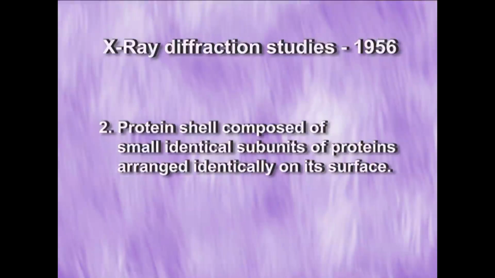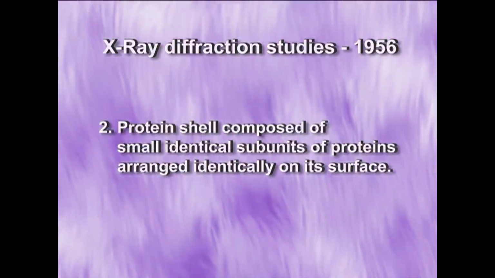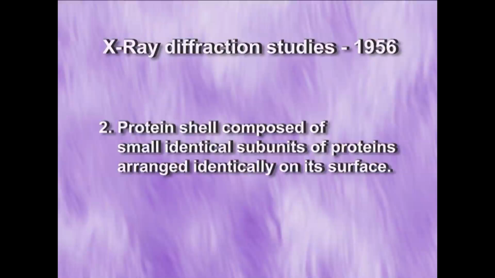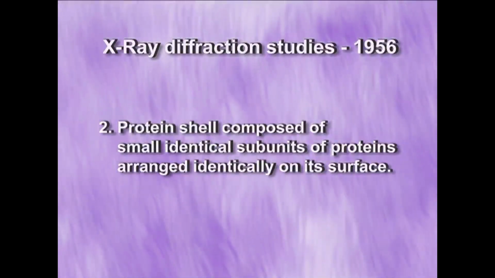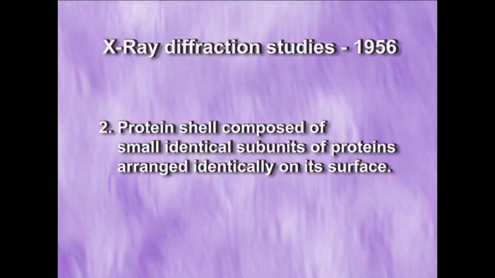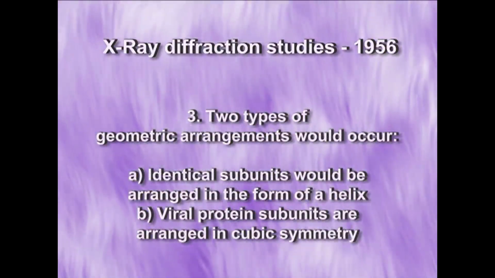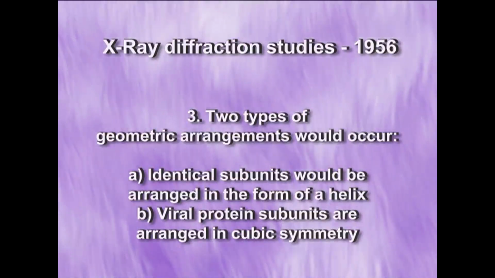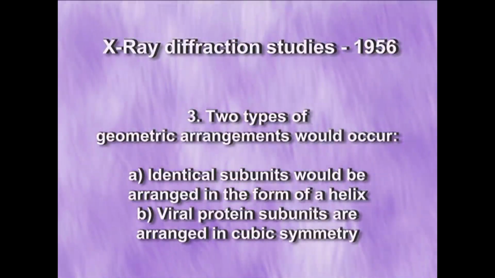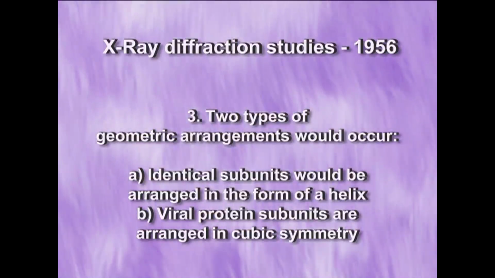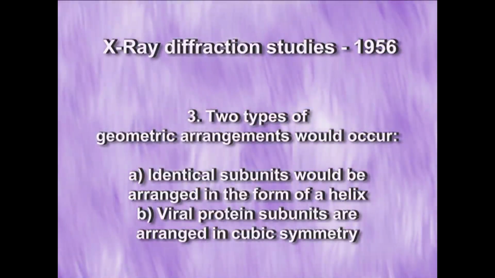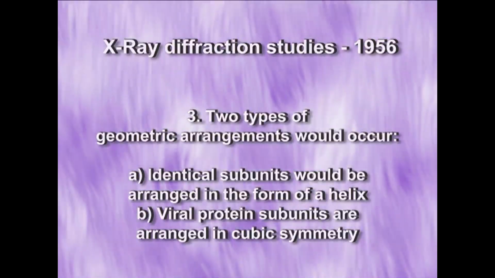The second proposition says that the protein shell is composed of small identical subunits of proteins arranged identically on its surface. Two types of geometric arrangements would occur: identical subunits arranged in the form of a helix, or protein subunits arranged in cubic symmetry. These concepts actually helped in establishing the real structure of the viruses.